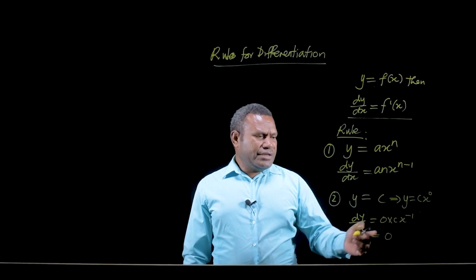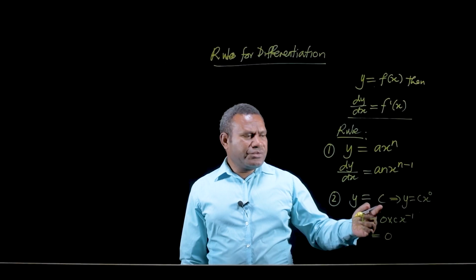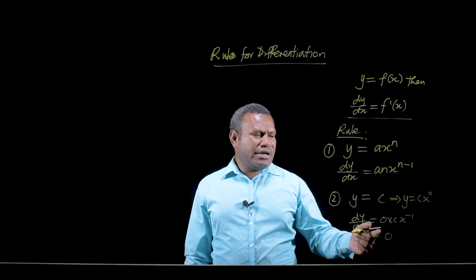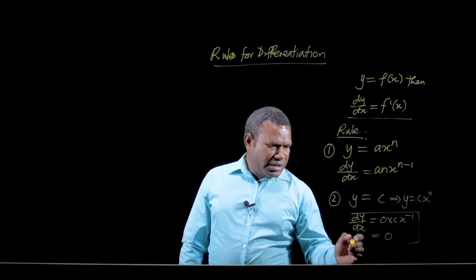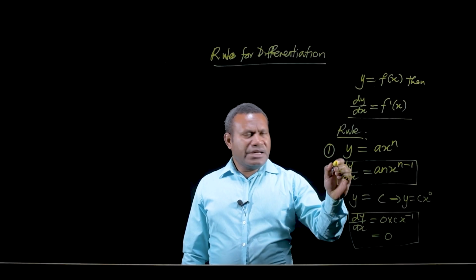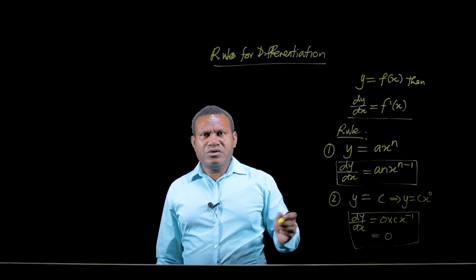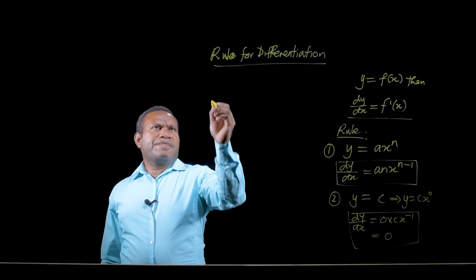So this result tells us that the derivative or the gradient of a constant number is always 0. These are two important results that we are going to use to find the derivative of any given polynomial function. Now we look at a few examples.